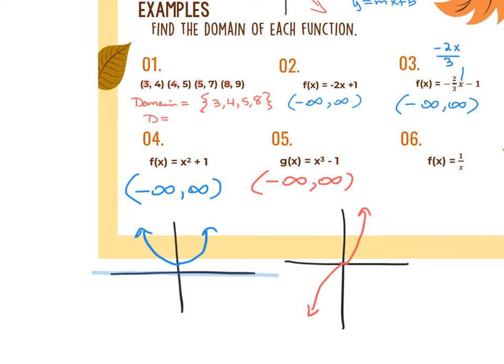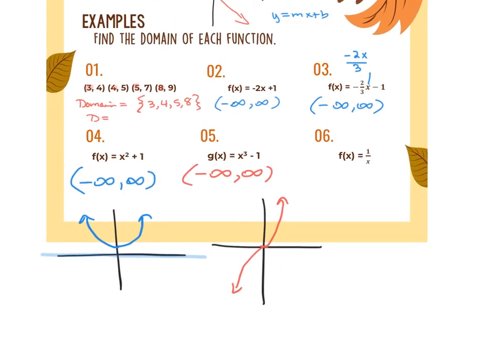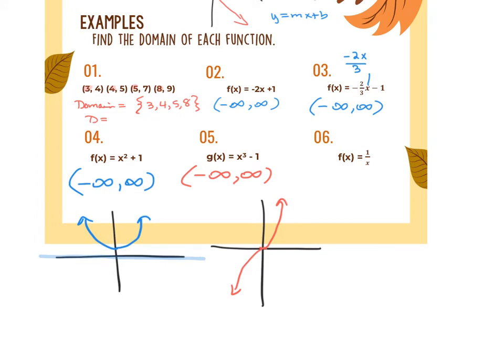But the only time that it's not all real numbers is when you have a fraction and there's a variable in the bottom, and when you have a square root. So here is our first exception to the all real numbers. Remember, when you have a fraction, we will take the denominator and set that variable that's in the bottom, or the whole denominator, not equal to 0.